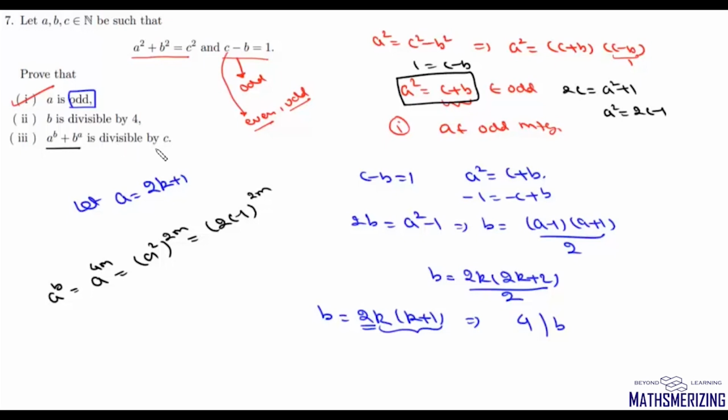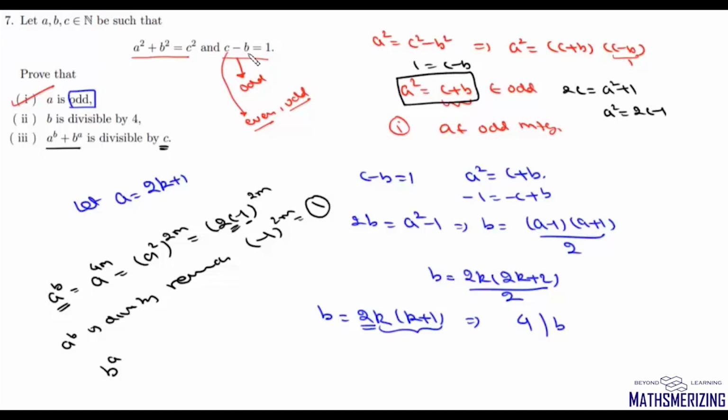Now we'll need to find divisibility by c, and the shortcut says express this a to the power b as some multiple of c, and then whatever is the constant term, that's your remainder. If a to the power b is divided by c, it leaves the remainder minus 1 to the power 2m, that is simply 1. Now we'll find b to the power a.